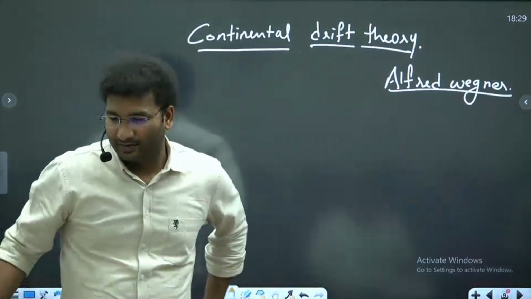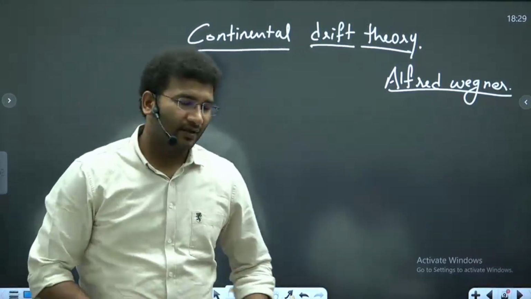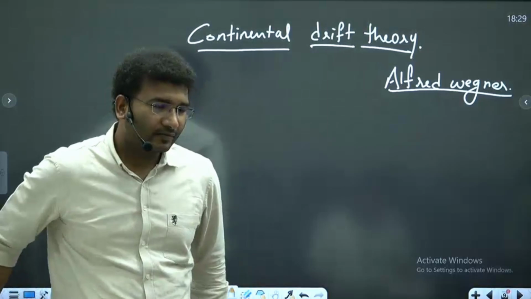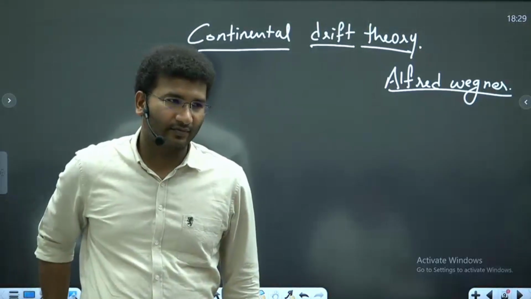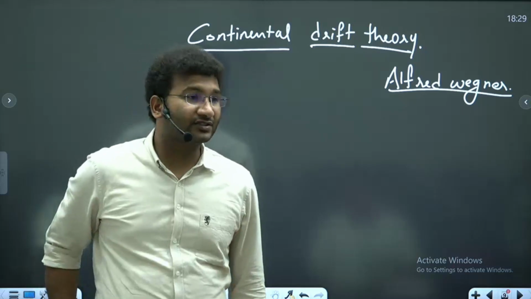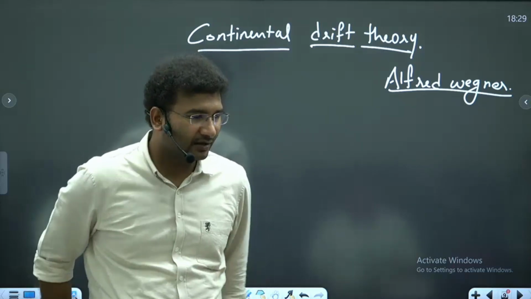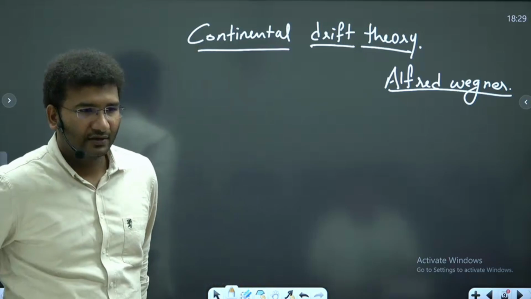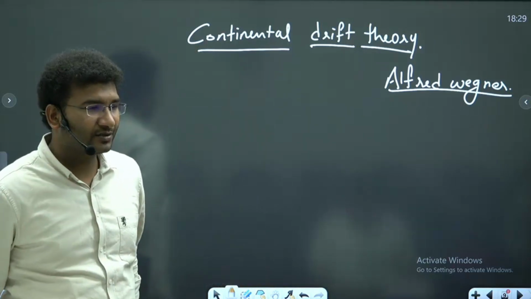Okay? So we are going to study about Alfred Wegner. Now we are going to study tectonic geography. What have we studied so far? The interior of the Earth. But now we are going to enter a concept called tectonic geography.